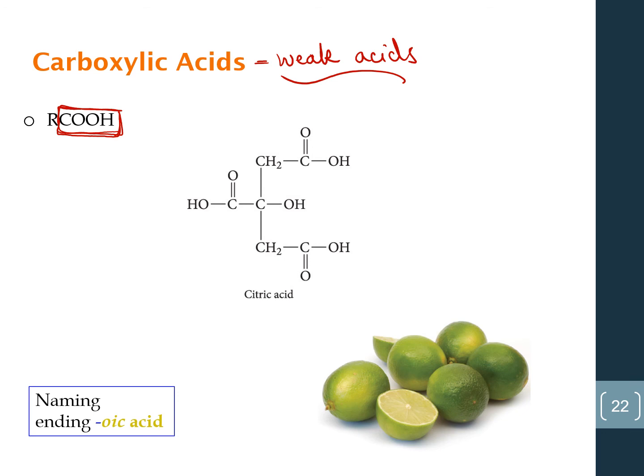So that's one way of representing that functional group. Another way is this. You have a carbonyl right here for carboxylic acids, and your carbonyl is bonded to the hydroxyl.